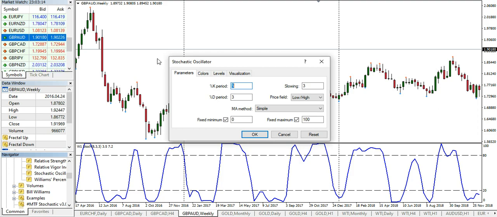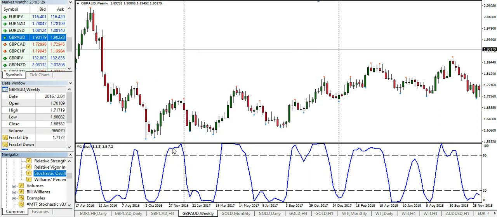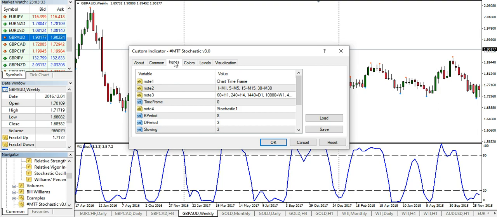All right, so this is the stochastic oscillator, and we're going to be using this particular oscillator for the strategy. Let me firstly go to the settings.